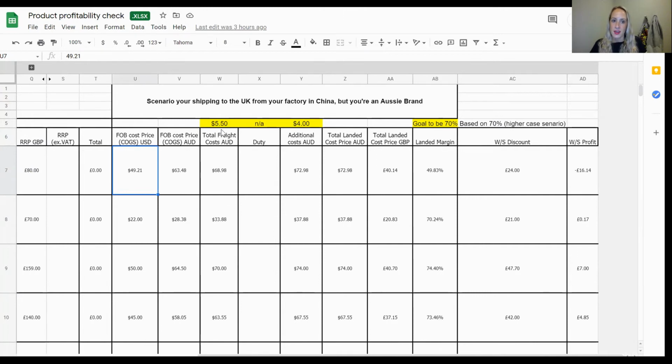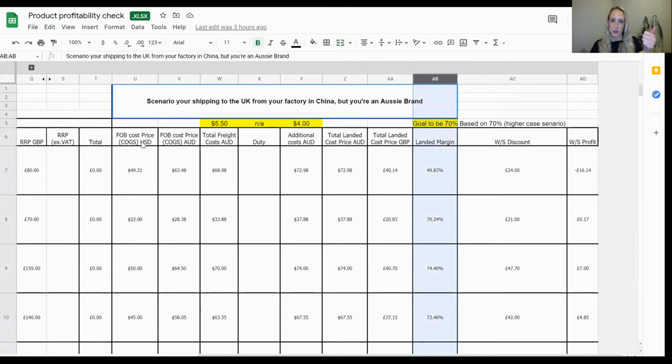You need to then know the freight, the additional costs, anything else around the packaging, all of those costs that I listed on the other sheet. You now need to enter these here, and you need to then, column by column, it's going to calculate what the landed margin is. So that's this column here.